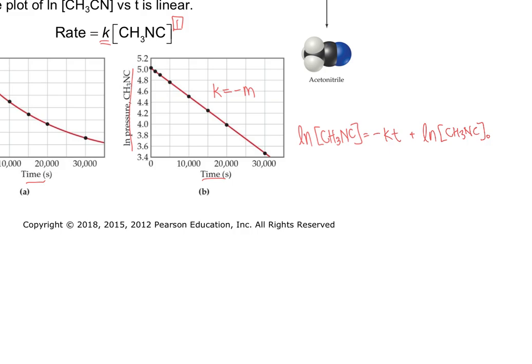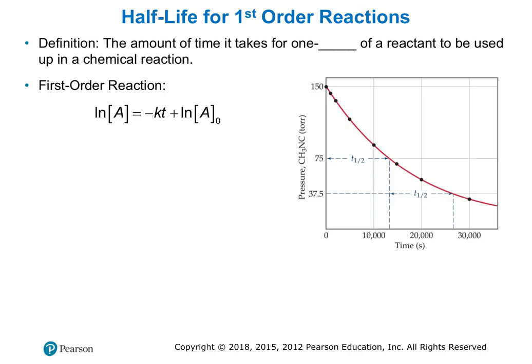Meaning I could predict the concentration, or in this case the pressure, of this reactant at any given point in time, because I have an equation that relates the concentration to the time. So I could plug in any of these numbers at any point in time and then figure out what that concentration is.